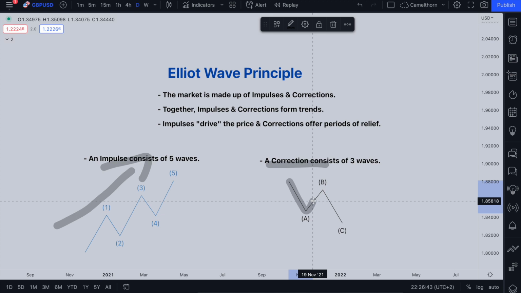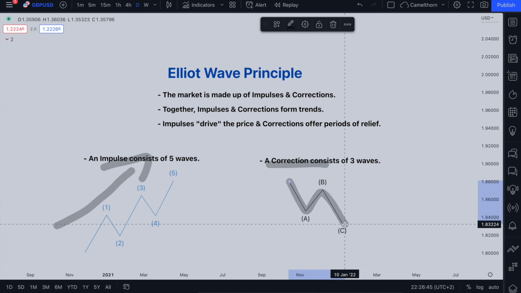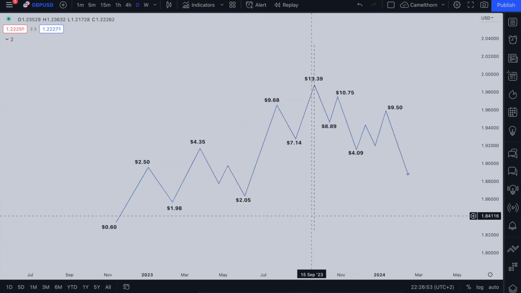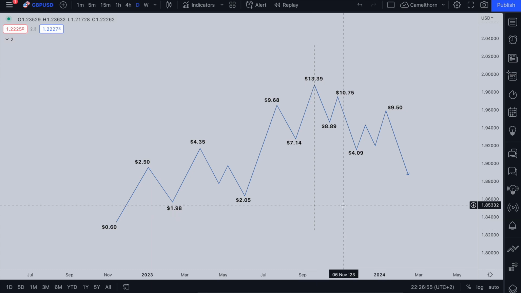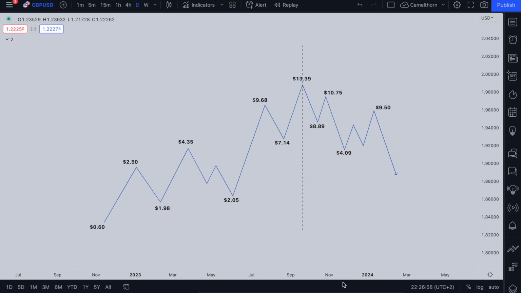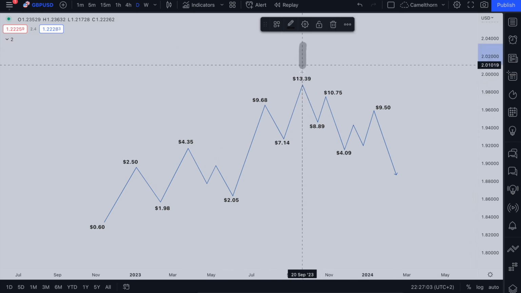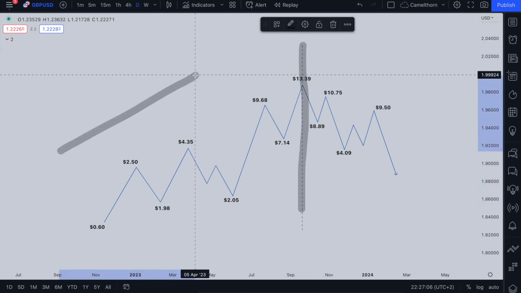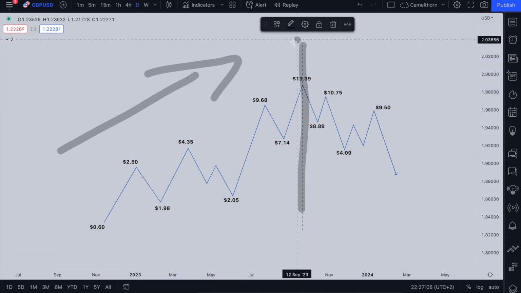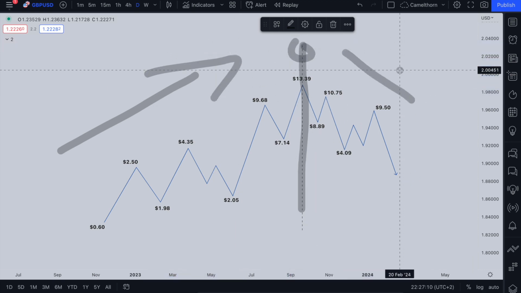So 1, 2, 3. All right. Now, in order to explain it better, I want you guys to think of it this way. Okay. We have a very quick markup here, and we can all agree that up until this particular point, price action is bullish, and after this particular point, price action is bearish.